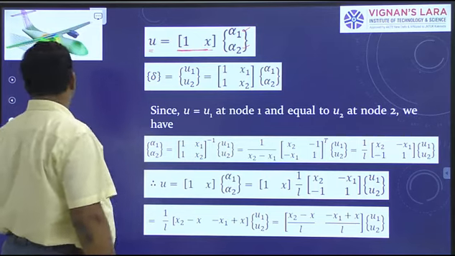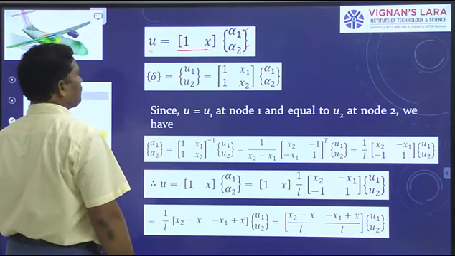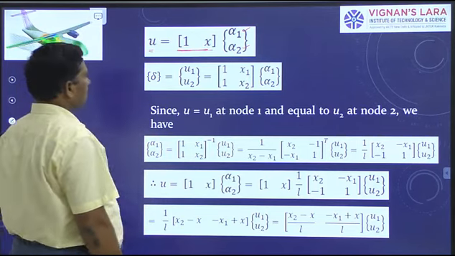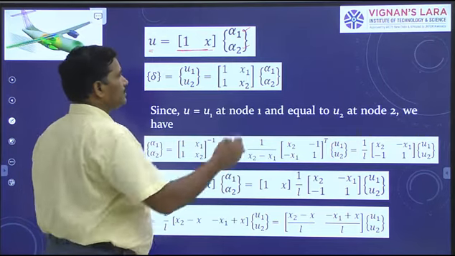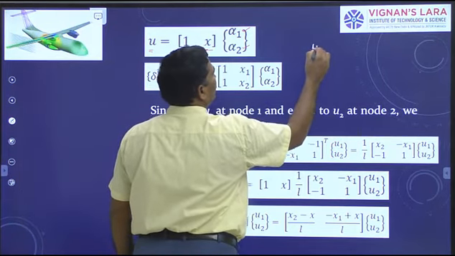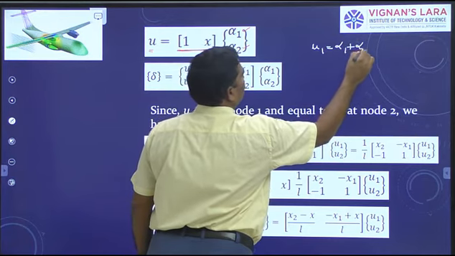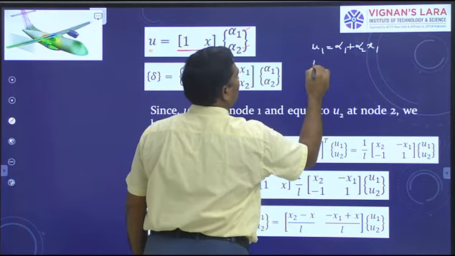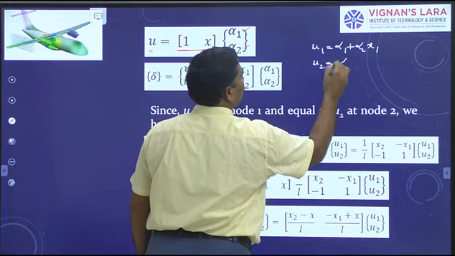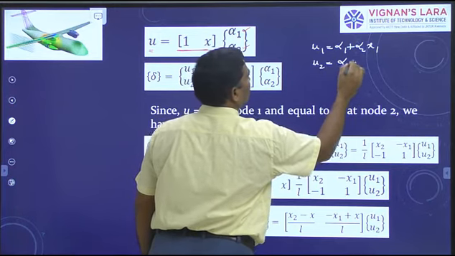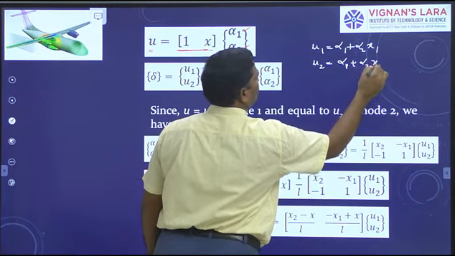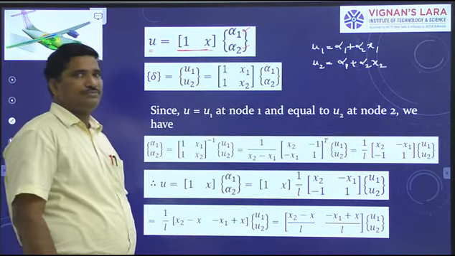Now, come here. We have the expression here. What is the first one? u1 equals alpha 1 plus alpha 2 into x1. And what is the second one? u2 equals alpha 1 plus alpha 2 into x2. We have these two equations.